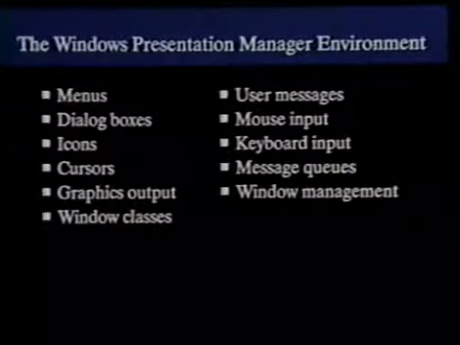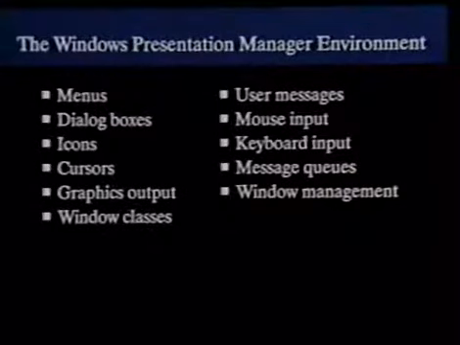We have a wide variety of graphics capability for drawing lines and text and circles and ellipses. This information will go into much more detail later on. There's a whole section just on graphics alone. We have windows, frameworks for the windows, predefined classes that you can use within your application. User messages, the mouse input that we have indicated.